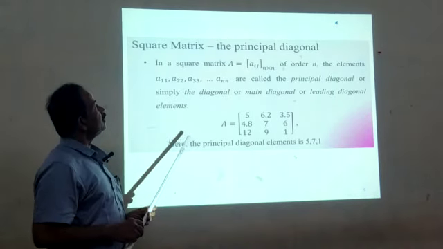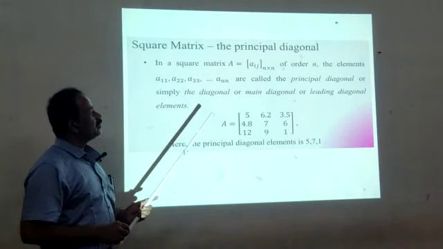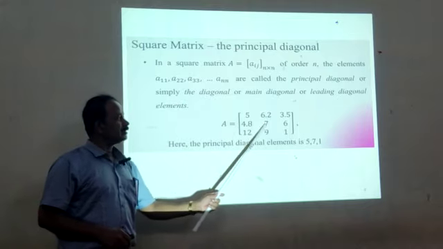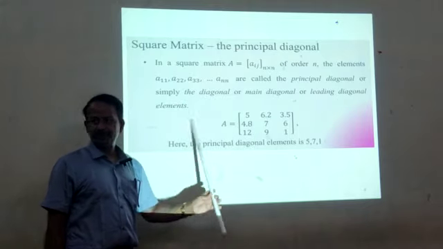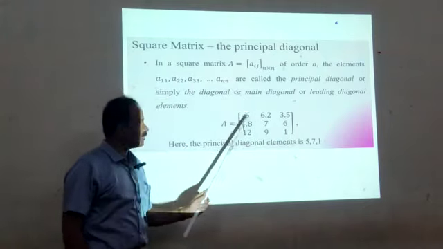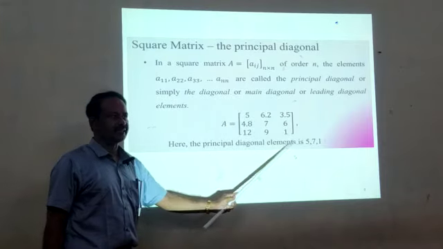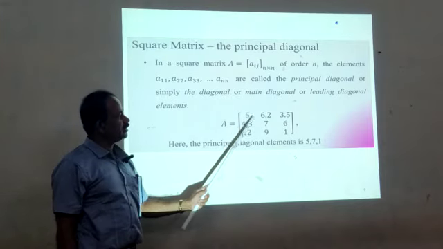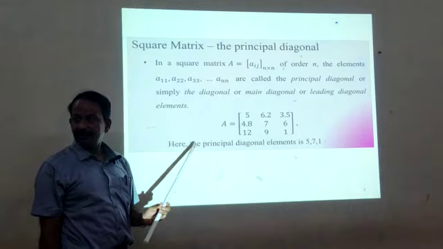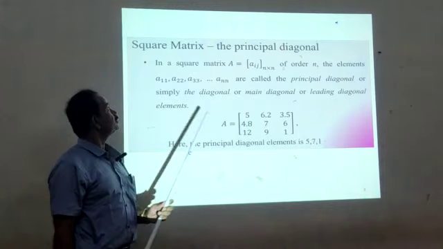In a square matrix there is the principal diagonal. Principal diagonal means it represents the diagonal elements. So we have diagonal elements. So this is a diagonal, correct? This is your diagonal. So 5 7 1 are the diagonal elements, principal diagonal elements.